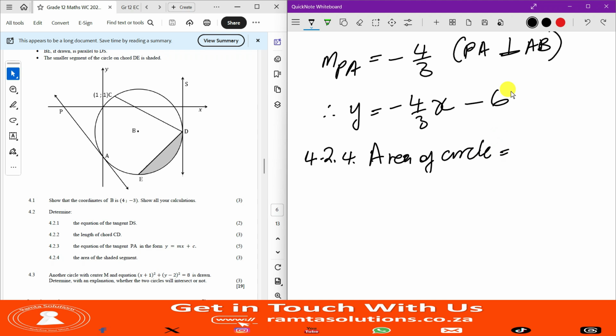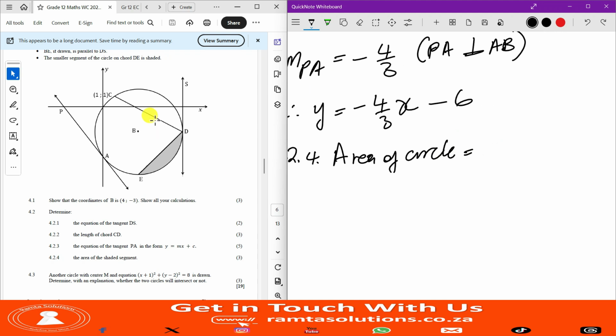Let me put it like this. I shouldn't say area of the whole circle.